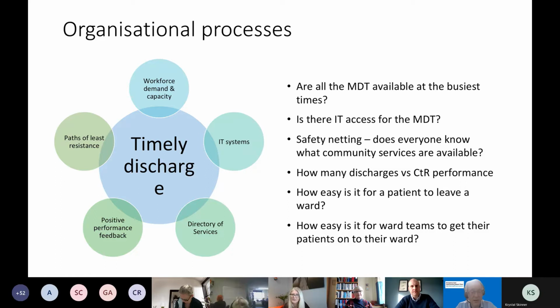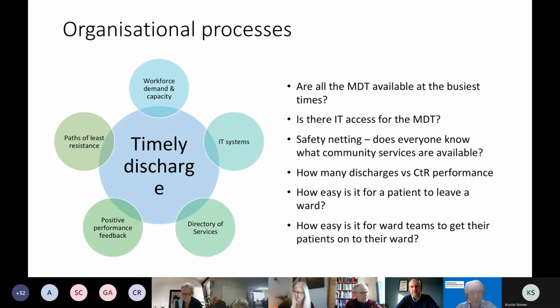The second thing is around IT systems. Most of us use IT systems and they can be fantastically effective, but equally very frustrating if you don't have enough, for example, workstations for all the MDT members to access at the same time. If people are not able to run electronic recording and documentation in parallel, then there are natural delays with that.